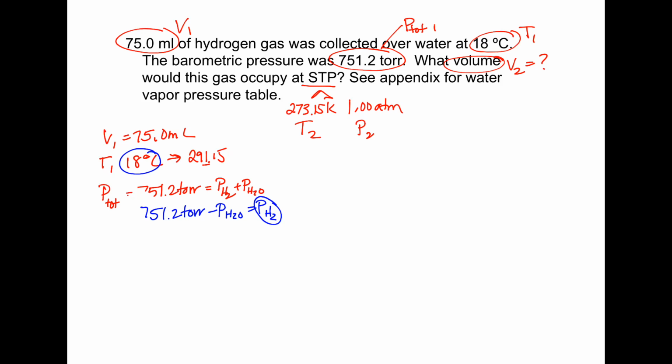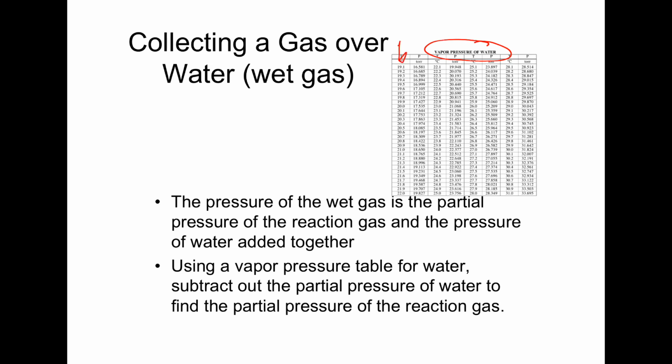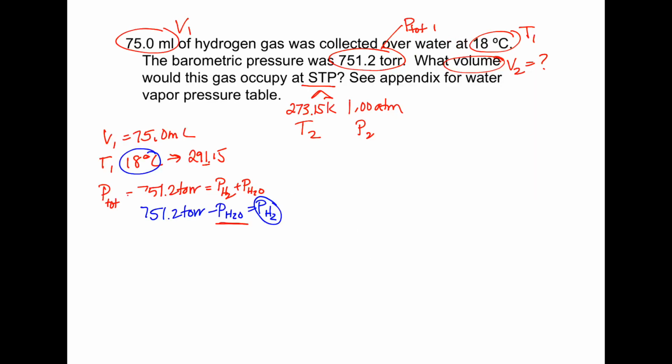That means I need to find this number. We would look that up on a vapor pressure of water table, but this table starts at 19.1 degrees, so we're not going to be able to use it. I had to look up the partial pressure of water at 18 degrees.